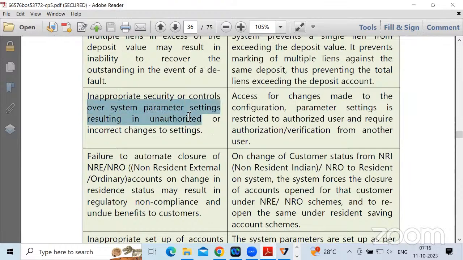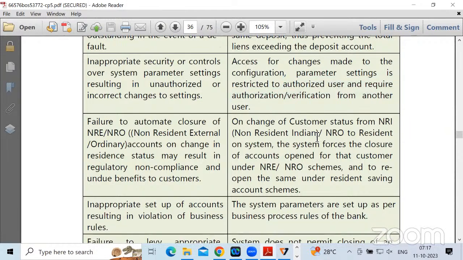Inappropriate security controls over the system parameter settings resulting in unauthorized or incorrect changes to the settings. Setting change. Now, what is the control? Access for changes made to the configuration parameter settings is restricted to authorized users, and requires authorization or verification from another user. So if you are in the top level management, it has to be approved.